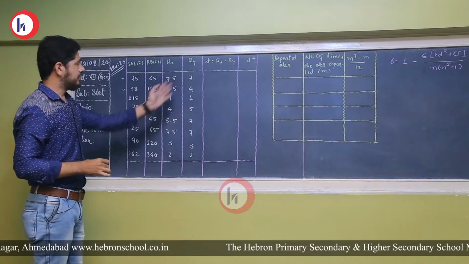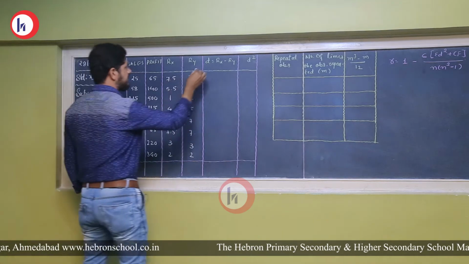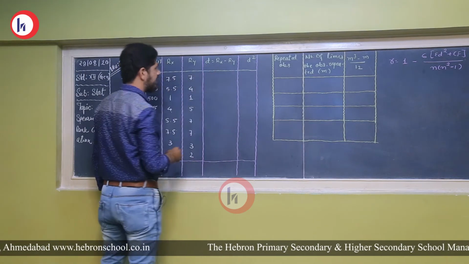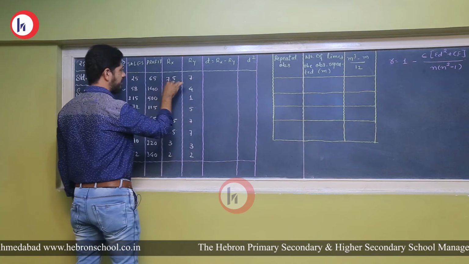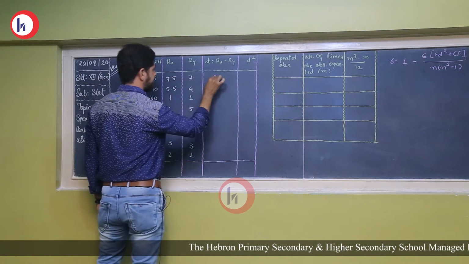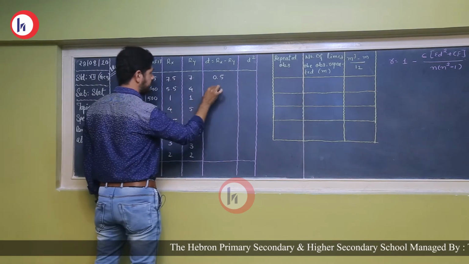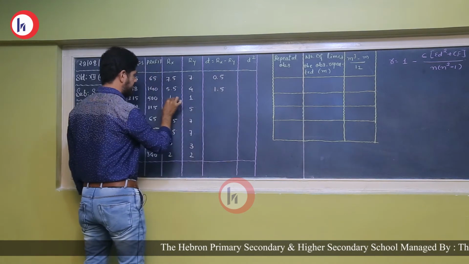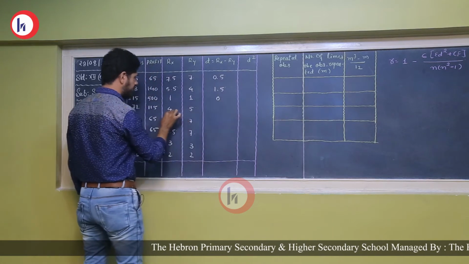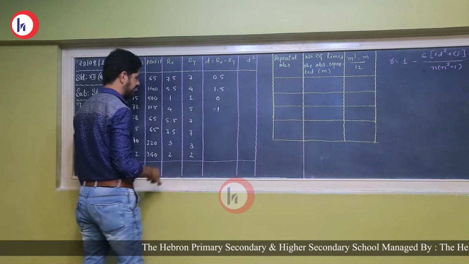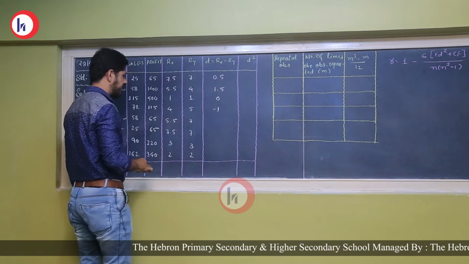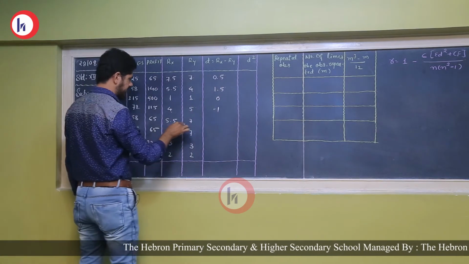Right? Now the next one is D, that is Rx minus Ry. So Rx 7.5 minus Ry 7 is 0.5. 5.5 minus 4 is 1.5. 1 minus 1, 0. 4 minus 5, minus 1. 5.5 minus 7, that is minus 1.5.